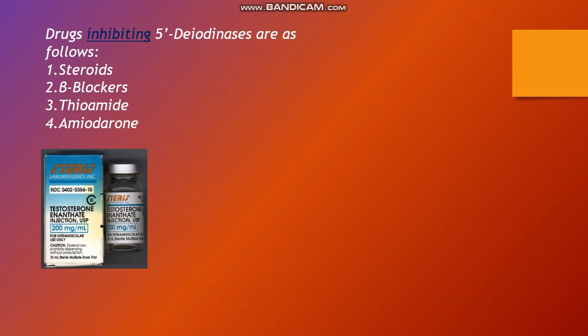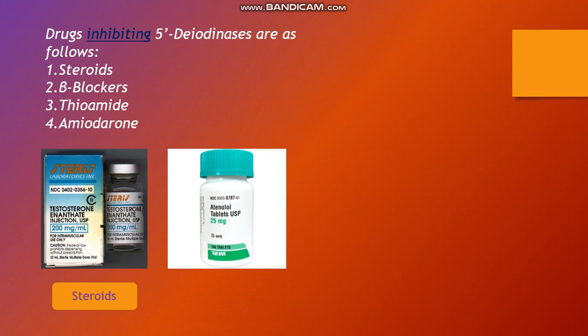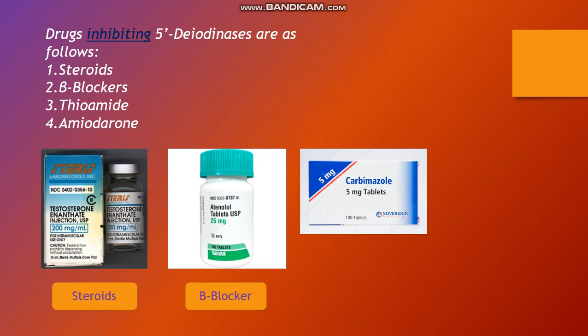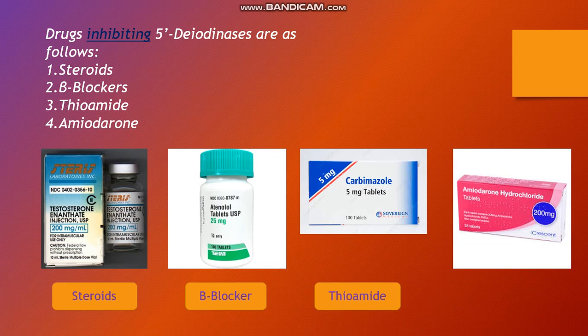These are the drugs: steroids, atenolol tablets, beta blockers. These are the carbimazole, thionamide, and these are the amiodarone hydrochloride. These four groups are drugs that inhibit the function of the 5' deiodinases.